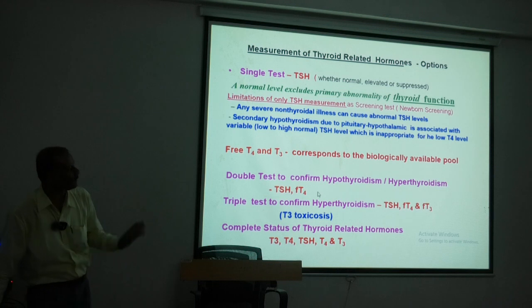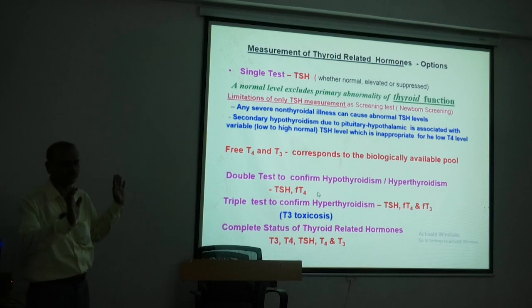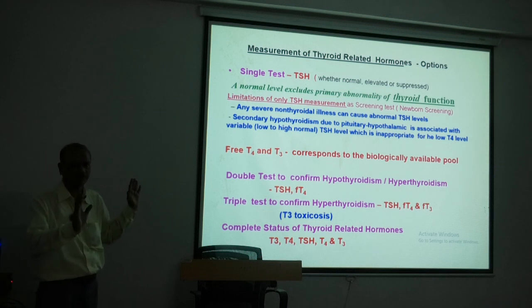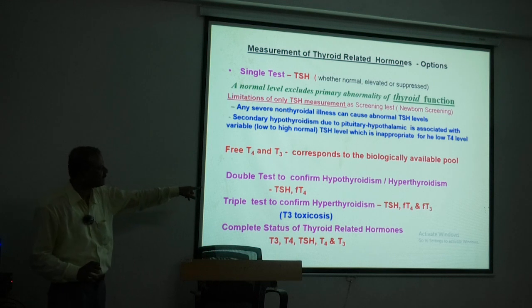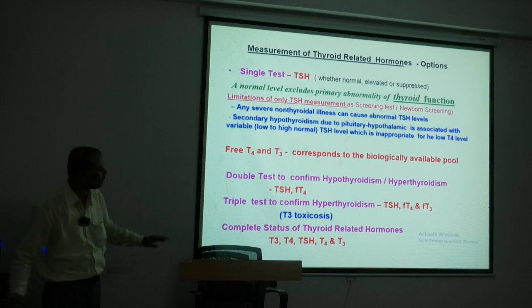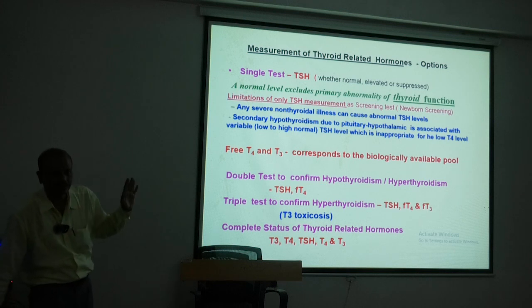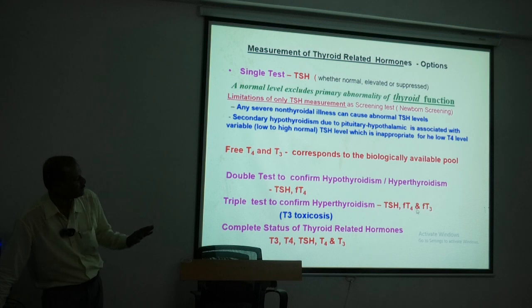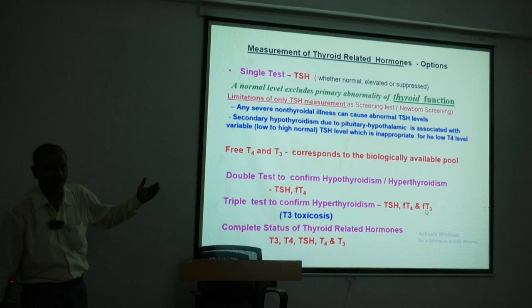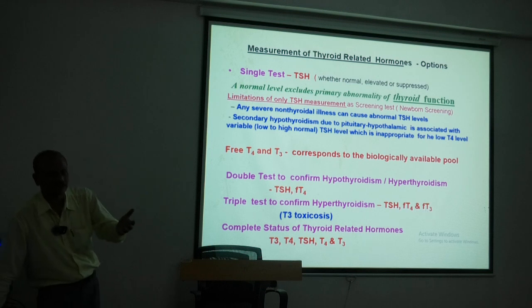And if you are given a double test for confirmed hypothyroidism, go for TSH and FT4. And if you are given a choice of a triple test, then okay, no problem, you go ahead. Then you choose TSH, FT3 and FT4. This is a practical problem I am telling you, you have to face this thing.